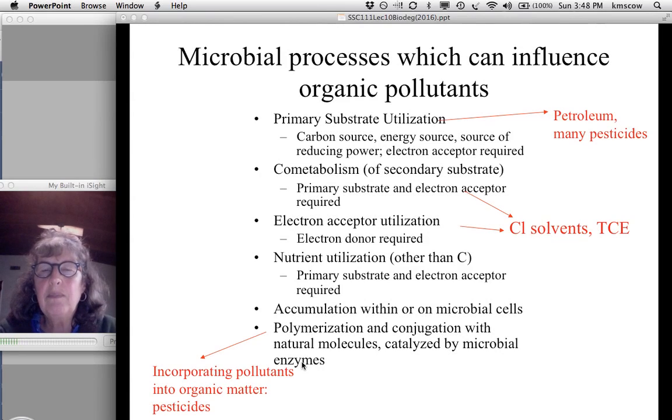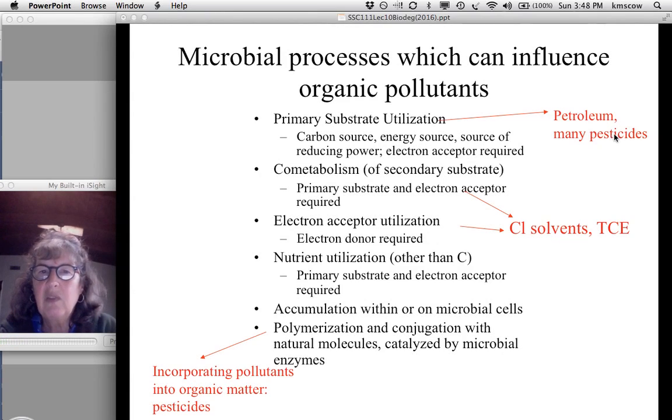Here's a big list, and showing in red are some examples of contaminants that undergo those particular kinds of microbial processes. The most straightforward one is primary substrate utilization, where the contaminant is a carbon and energy source for the microorganisms, requiring an electron acceptor.